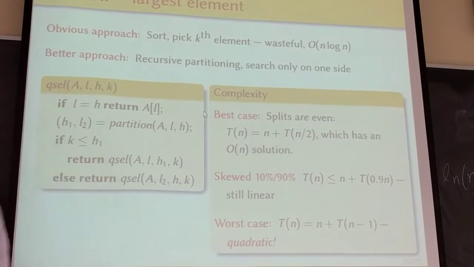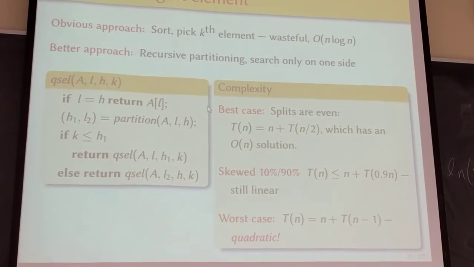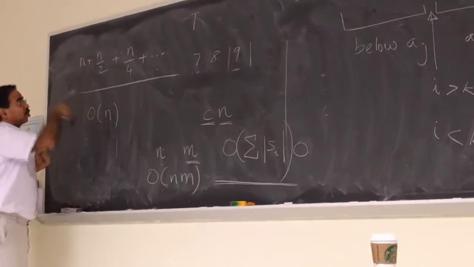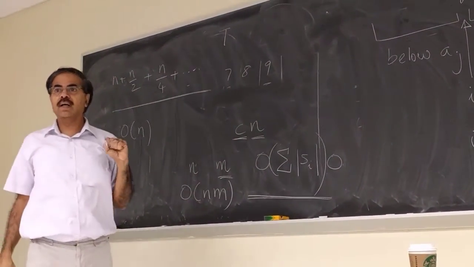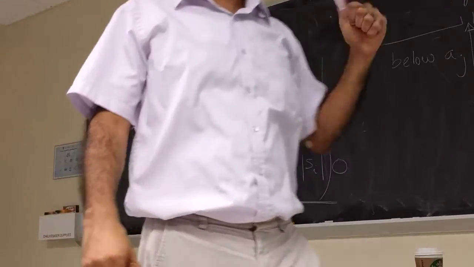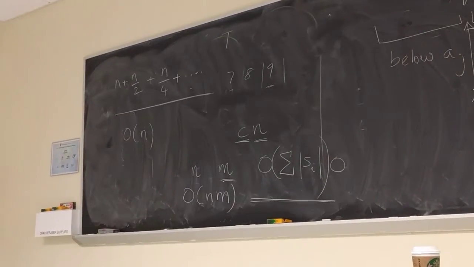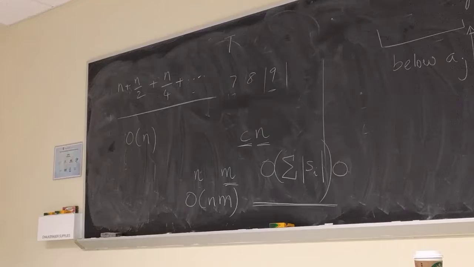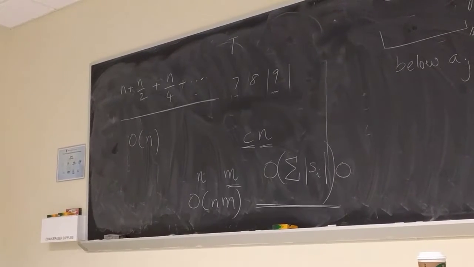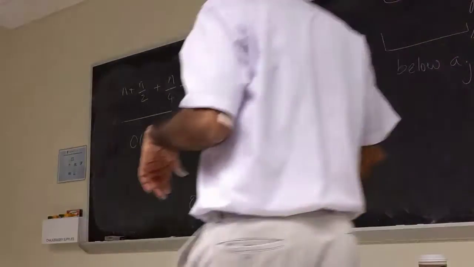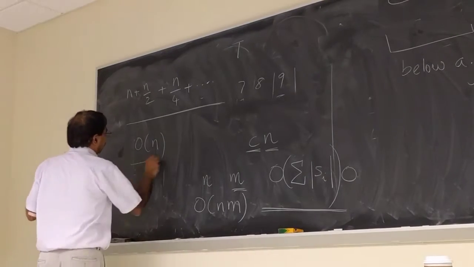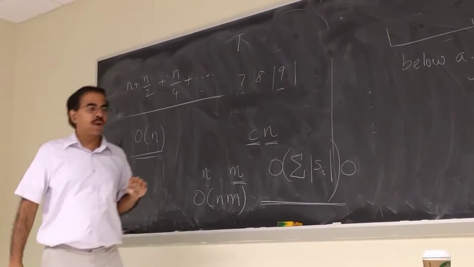So when you keep doing that, you will end up with this sequence, which is a geometric progression, right? So if you take n out, then it's 1 plus half plus quarter plus, right? That summation sums up to 2, and therefore this whole thing is O of n, right?